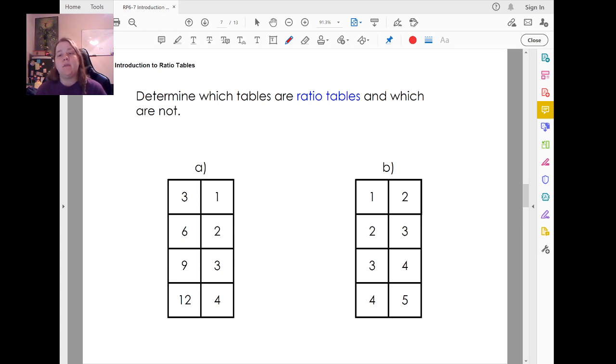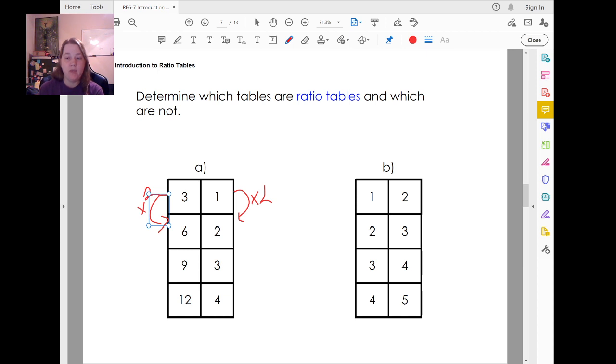Welcome back. So let's take a look at showing the work for figuring out which one of these are ratio tables. From 3 to 6, what am I multiplying by? Well, 3 times 2 is 6, so I'd be multiplying times 2 here. Am I multiplying by the same number on the other side? 1 times 2 is 2. That checks out.